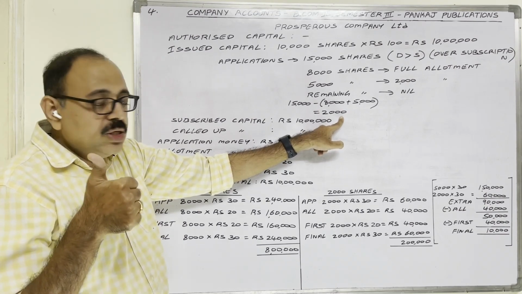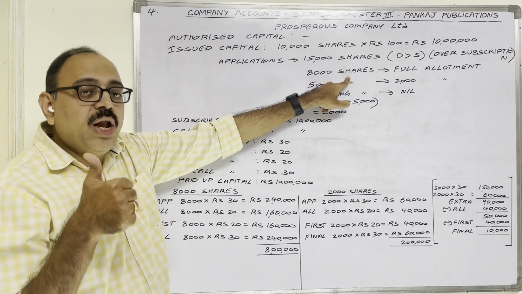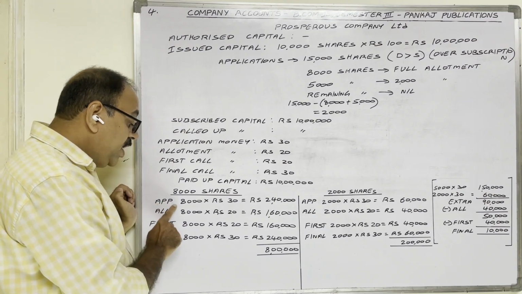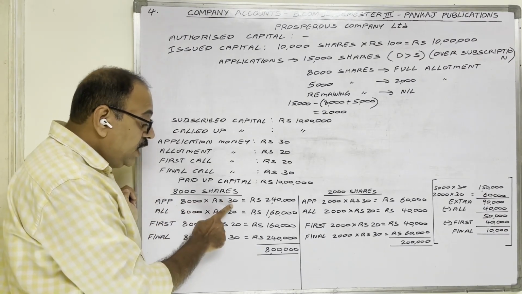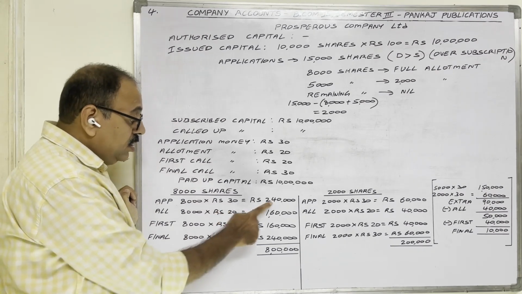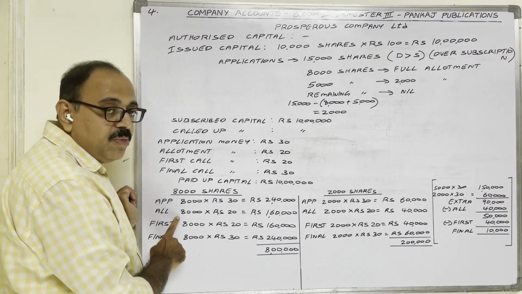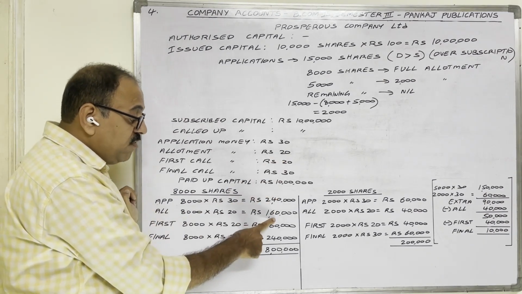First, the applicants who applied for 8,000 shares got full allotment. So how did they pay? Application money, 8,000 at 30 rupees each, 2,40,000 rupees. Allotment money, 8,000 into 20 rupees, 1,60,000.